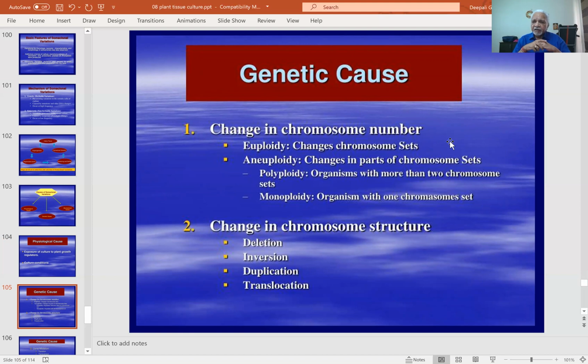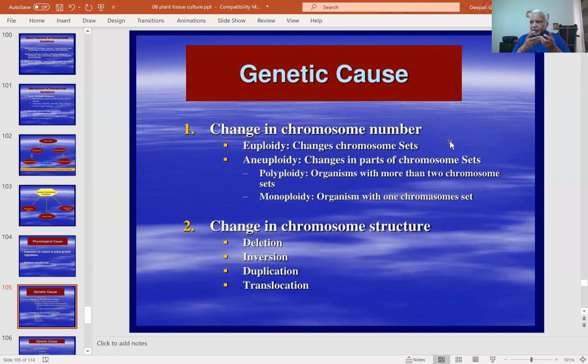Coming to the genetic cause, one of the very basic changes seen in tissue culture grown plants is in the chromosome number. In the culture conditions, the chromosome number undergoes a change. Either it reduces or it increases in the tissue culture regenerated plants.